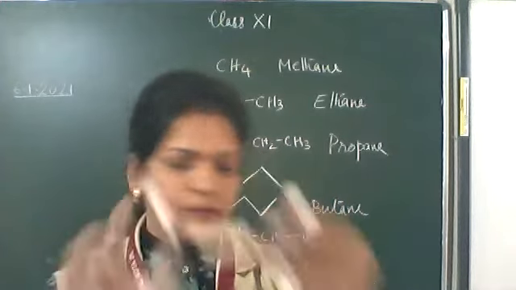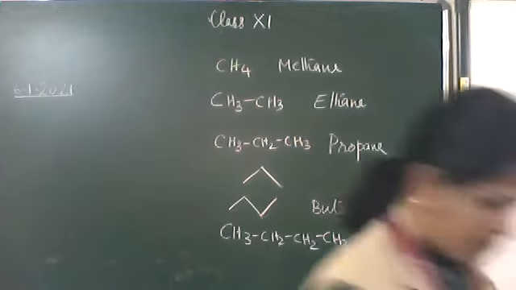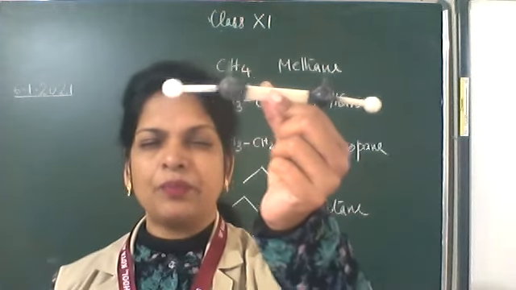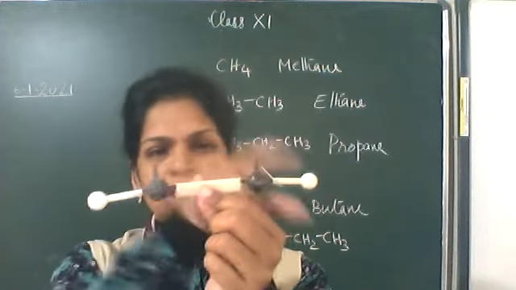Here is the double bond. If it is a triple bond, then this is 180 degrees, 180, triple bond 180.